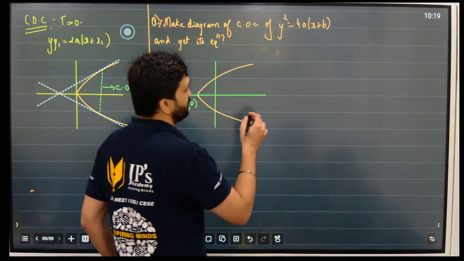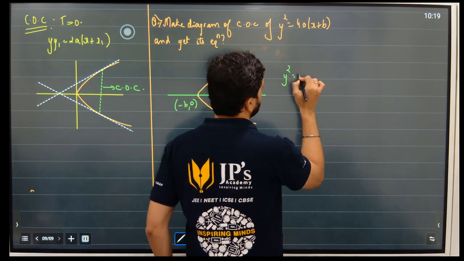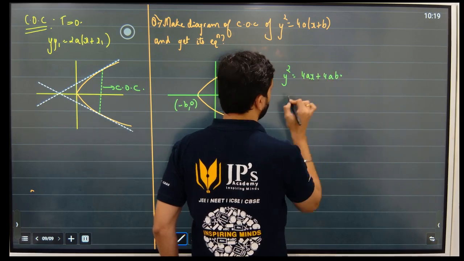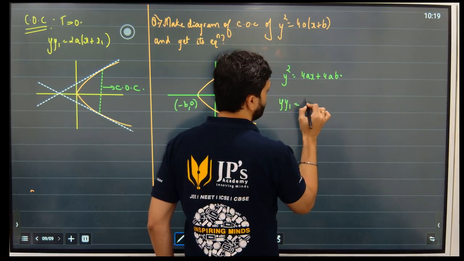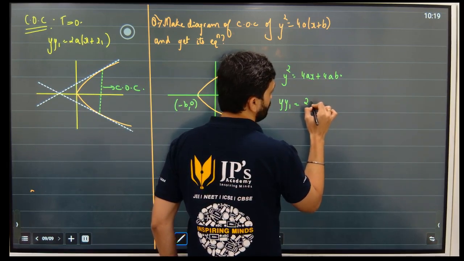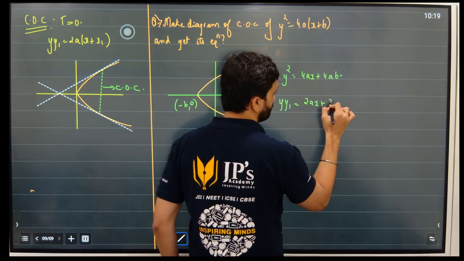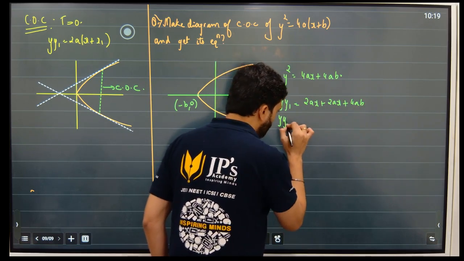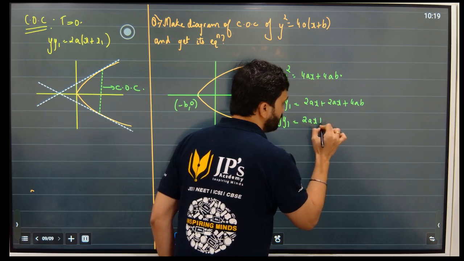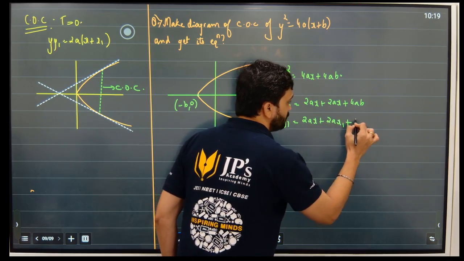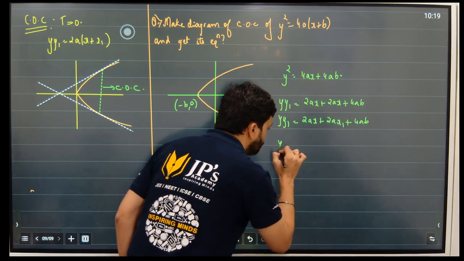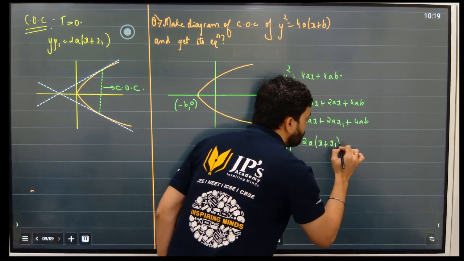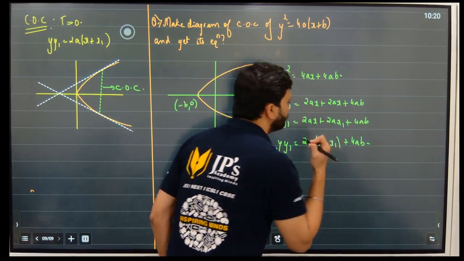Now if I open the bracket, it will become y square is equal to 4ax plus 4ab. Y square I will write as y y1. This 4ax becomes 2ax plus 2ax1, plus 4ab. Therefore y y1 is equal to 2a bracket x plus x1 plus 4ab.